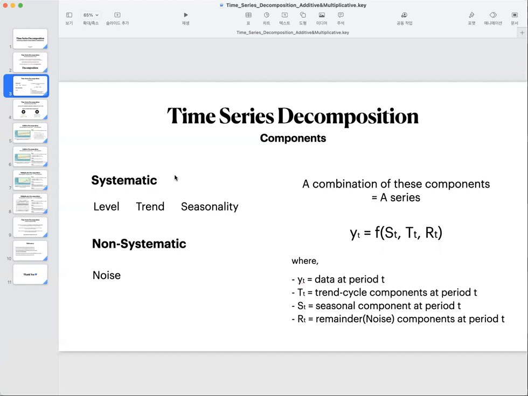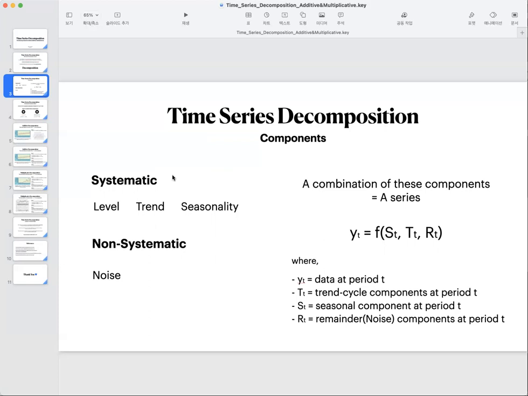The last one, seasonality, is about repeating short-term cycles in the series. The other one is non-systematic, which obviously means the opposite of systematic. The irregular components such as noise are included in this one. In a nutshell, we can say that a series is a combination of these components from this point of view.